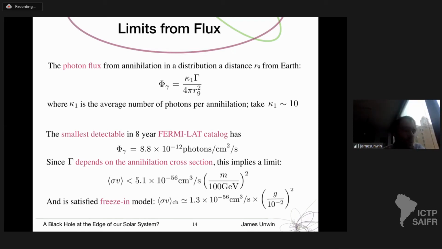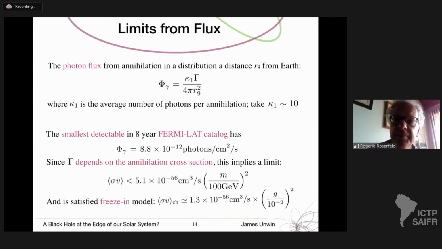Really, what you want to do is write down an explicit model where you dictate the exact couplings, and then run this through Pythia or some similar program to extract the photons that come out in each annihilation. It's something we're working on. But if you just make simple assumptions like this, it gives you reasonable order of magnitude bounds.